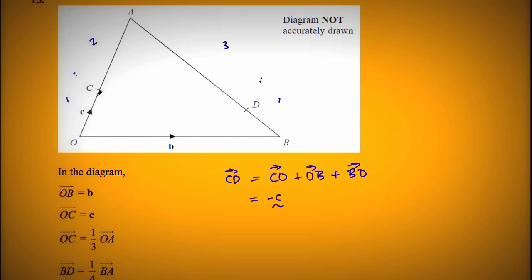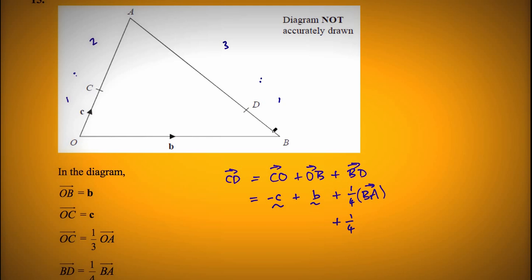OC is C, so CO is minus C. OB is B in the same direction, and BD is a bit more complicated. So BD is 1/4 of BA. So I'm going to replace that BD with 1/4 of BA, and keep on working on this.